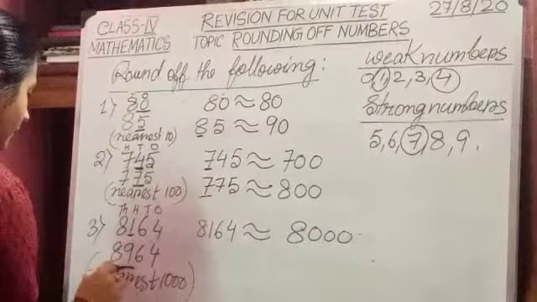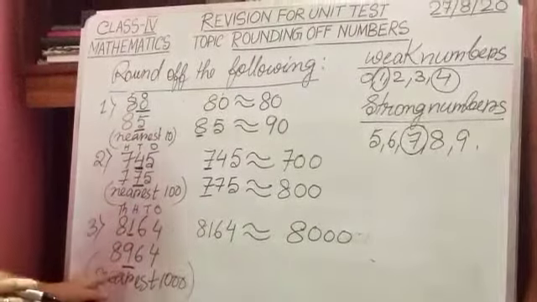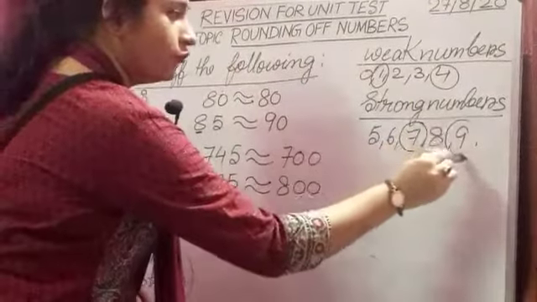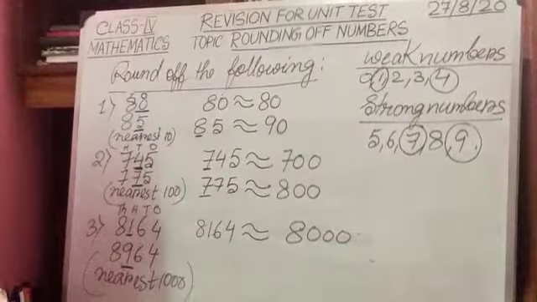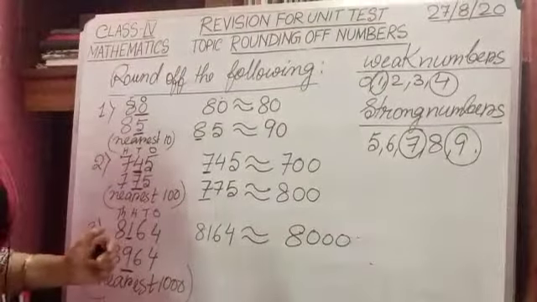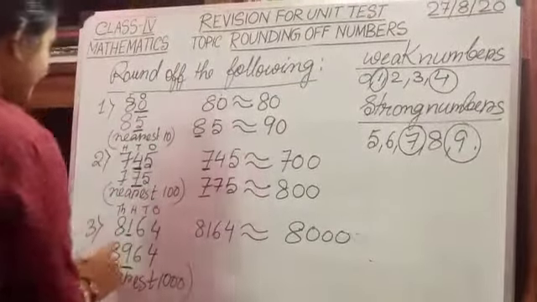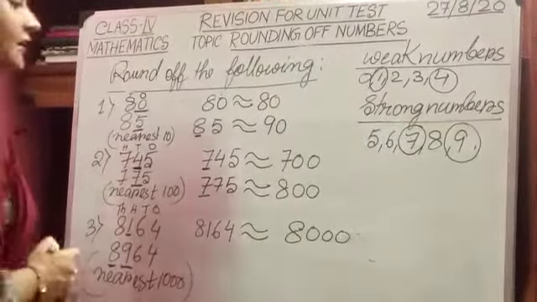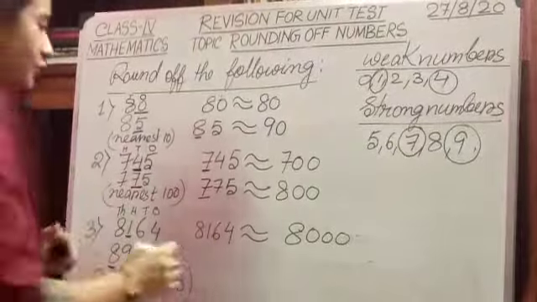Now, here, see, what is there under the hundreds column? It is 9. And 9 is obviously one of the strong numbers. Therefore, this will be estimated to its higher thousands. Right? That means you have to add 1 with this number, the number to be rounded off.